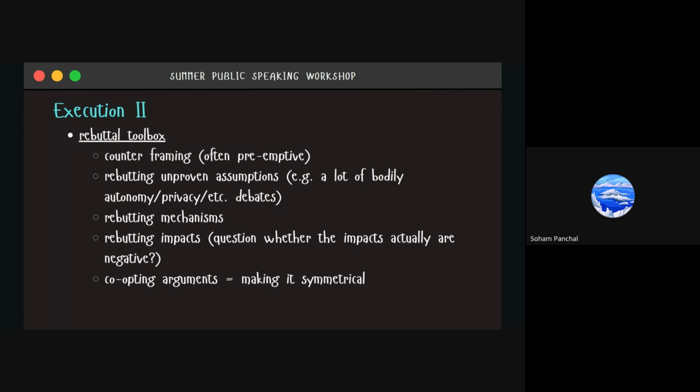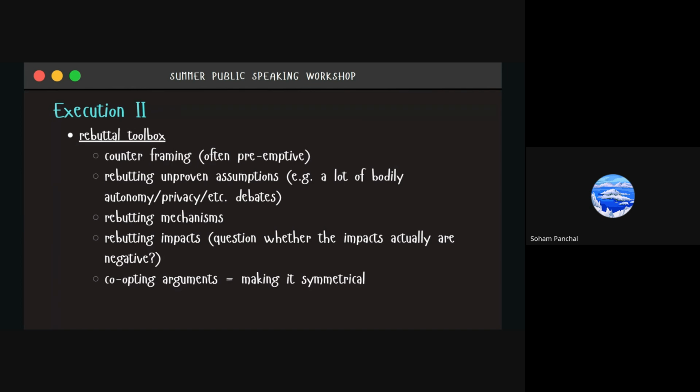So basically, maybe the opposition comes and says that X would lead to Y because of this reason, but you say that X would not lead to Y because of some other reasons which are better or more significant compared to the reasons provided by the opposition. That's how we counter frame it.